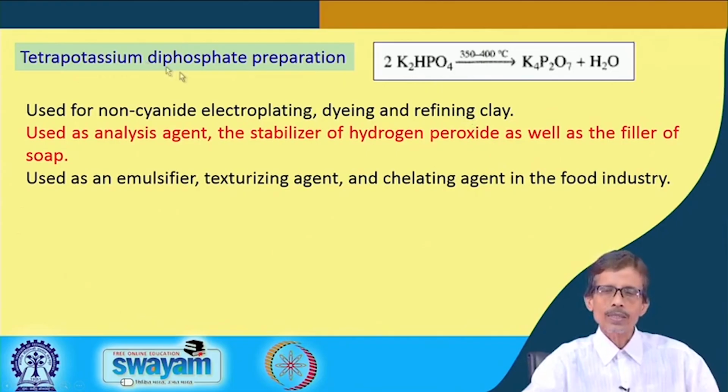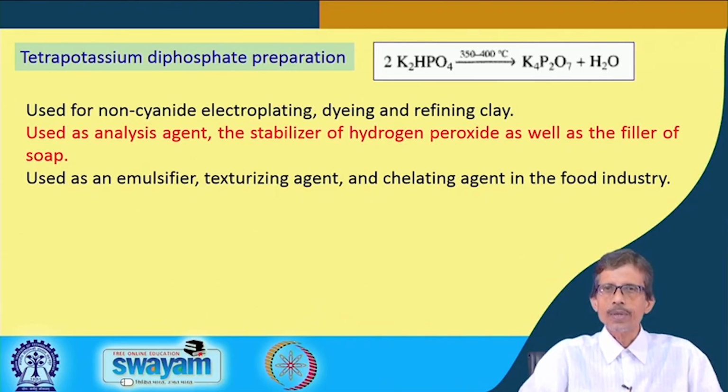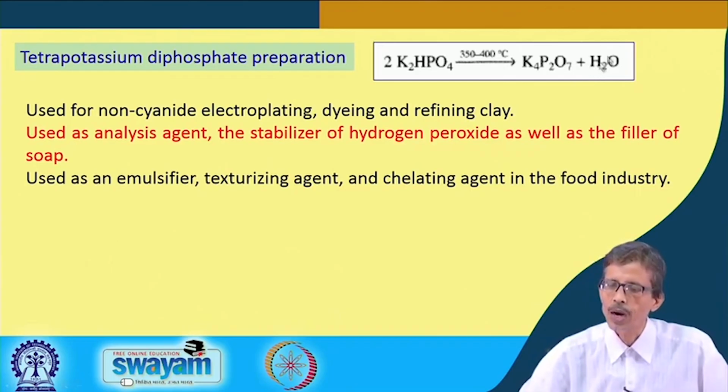So to get this one, it's basically a condensation reaction between 2 phosphate units, which can be achieved at a temperature of 350 to 400 degrees centigrade. That means if you grind it and make it a powder, and put that powder in an oven maintained at a temperature of 350 to 400 degrees centigrade, then at that particular temperature the condensation of 2 phosphate units takes place to give you the corresponding K4P2O7 species and the elimination of 1 water molecule.